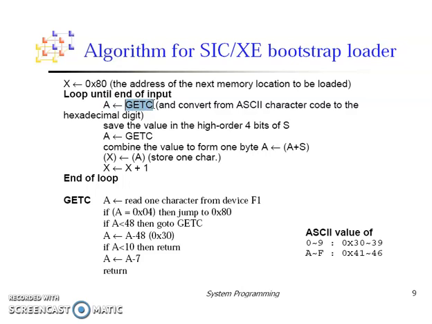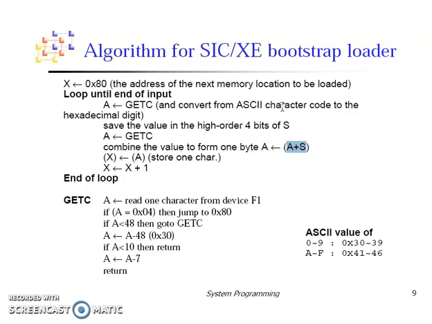The character is obtained using the routine getC and saved in the higher order 4 bits of S. Then again using getC, the next character is taken and combined to form one byte, A plus S.